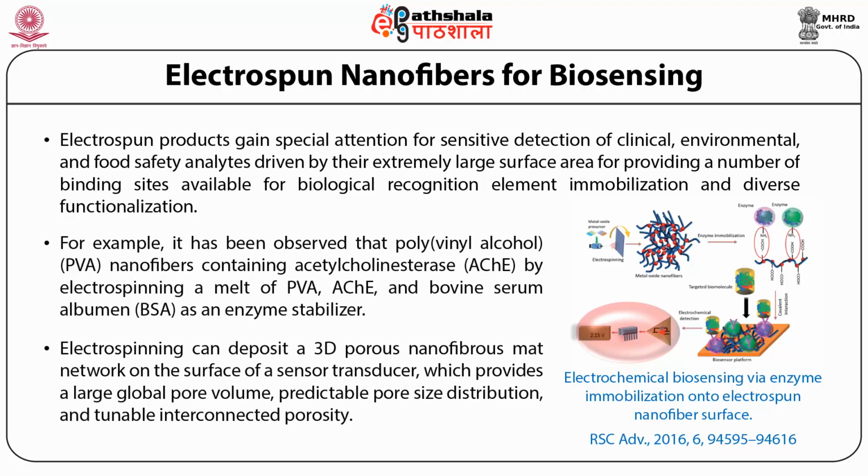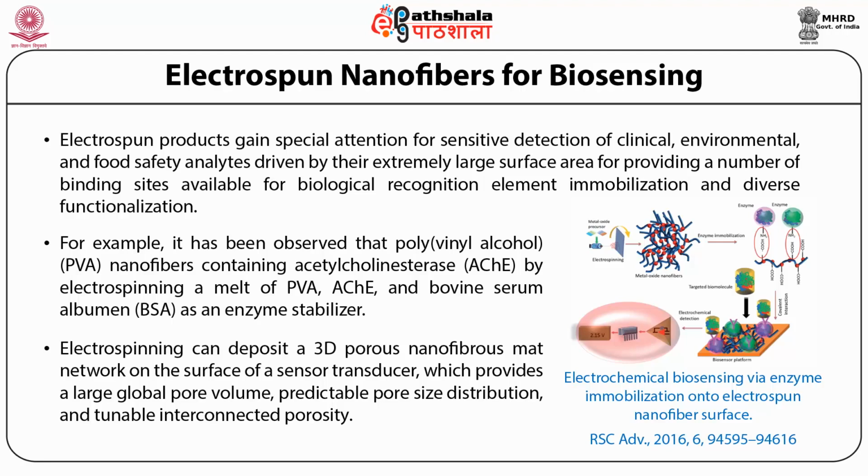For example, it has been observed that polyvinyl alcohol nanofiber containing acetylcholinesterase, which is an enzyme, can be made by electrospinning a melt of PVA, AChE, and bovine serum albumin BSA as an enzyme stabilizer.